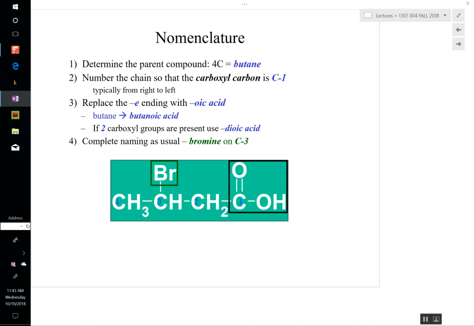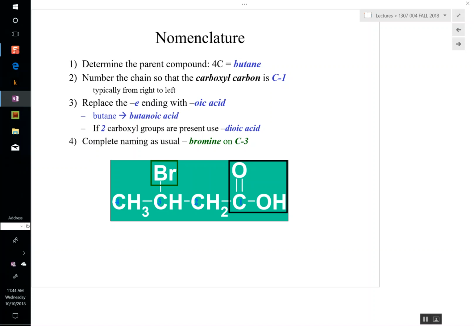Number 2, since we are talking about a carboxyl group, and that's what's going to get drawn into the parent name, it's going to dictate where we start counting the chain. The chain begins with that functionality. So that's carbon number 1, 2, 3, 4. And so we got a bromo group on carbon number 3.